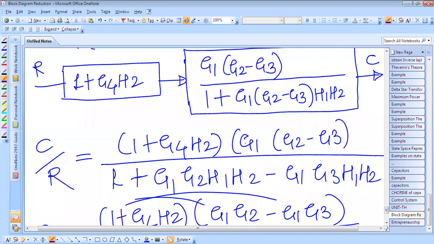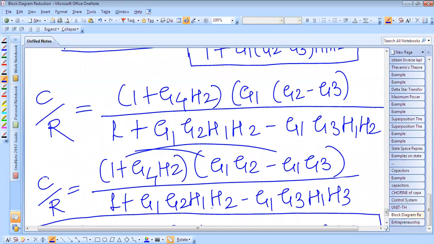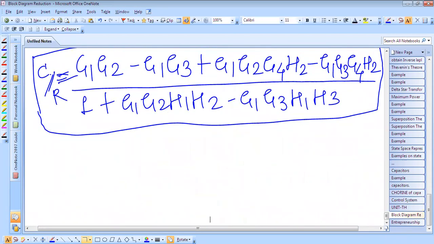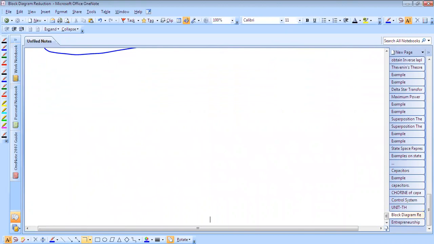Similarly, I have solved G1, G2, G1, G3, and again solved with these brackets, and finally I got this transfer function. So this is the transfer function of the given block diagram using the block diagram reduction rules. This was yesterday's example. Now we will move towards the next topic, that is, the signal flow graph.